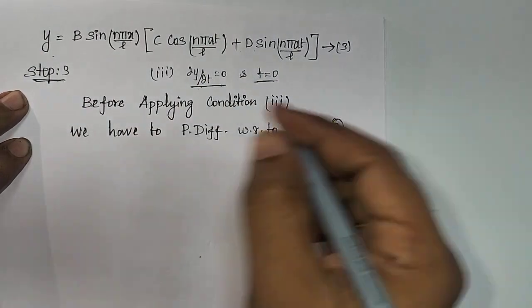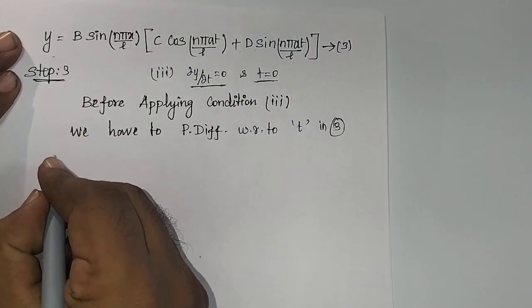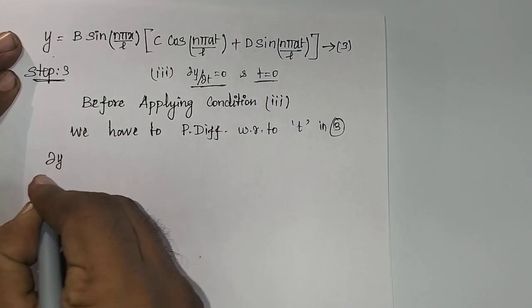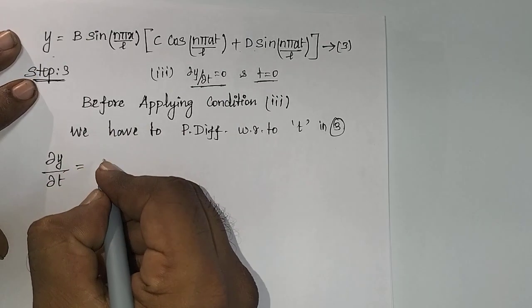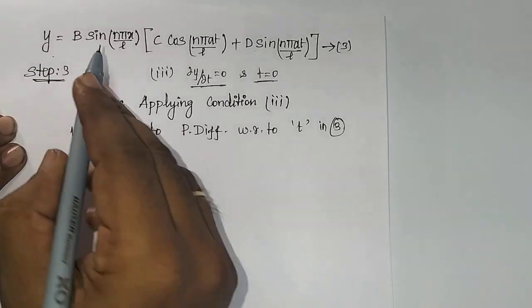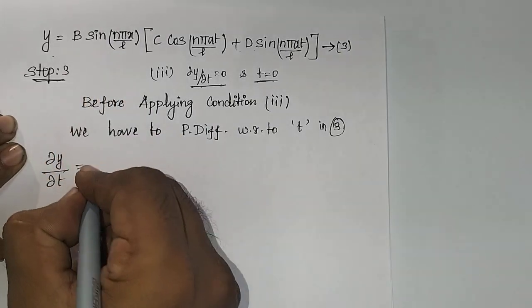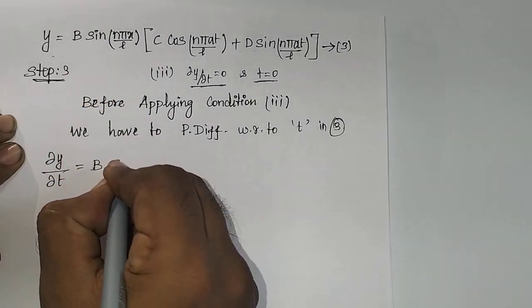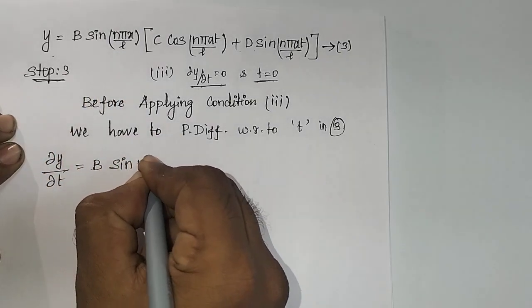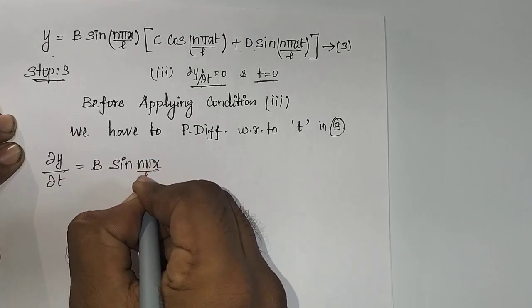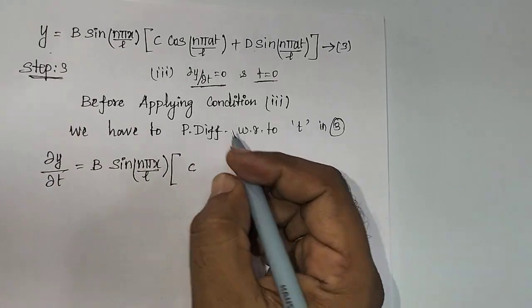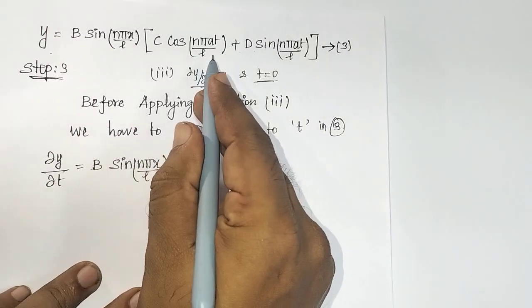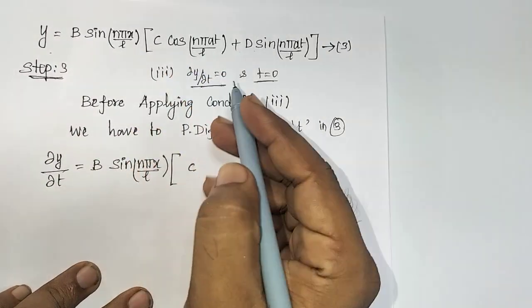So first I am going to differentiate this y. Partial differentiation, dou y by dou t, is the differentiation with respect to t. Here there is no t term, so b sin n pi x by L is constant. Then c is also constant, cos n pi at by L. Here we have t, so we differentiate this partially.